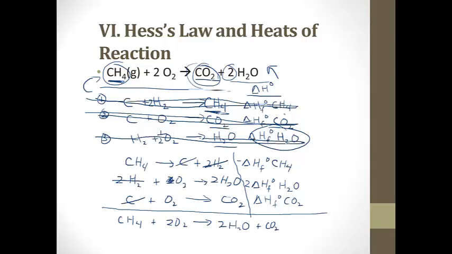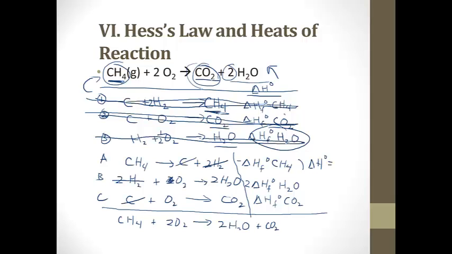Okay, now, what does all this have to do with everything? Well, since I added up all these equations, we'll call them A, B, and C, then that means the delta H for all these reactions has to be equal to the sum of all these things.